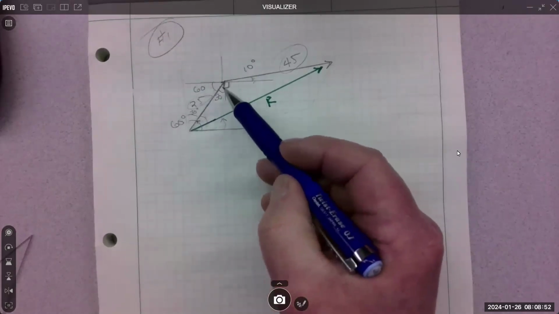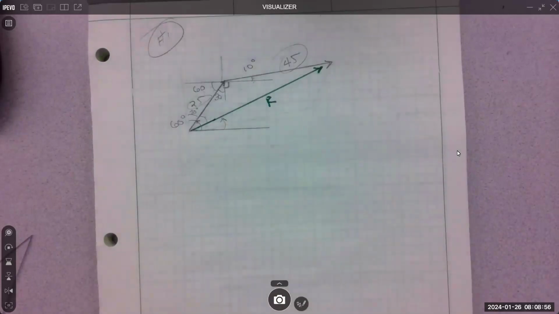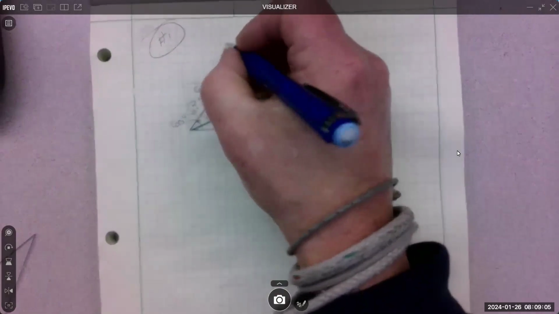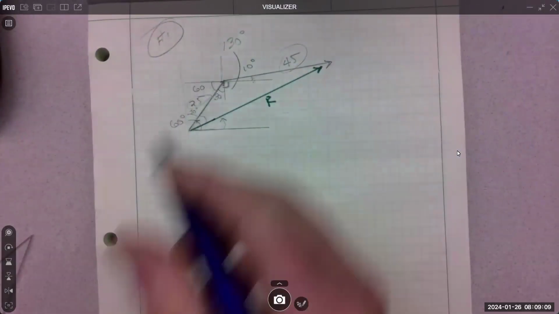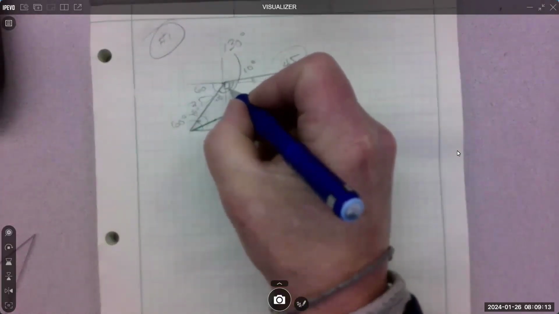Horizontal to vertical is 90, so I know this is 30, and I just found the inside angle. 90 plus 30 plus 10, 130 inside. And that's all the way from here to here, right?